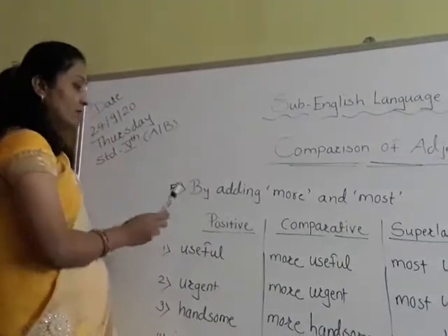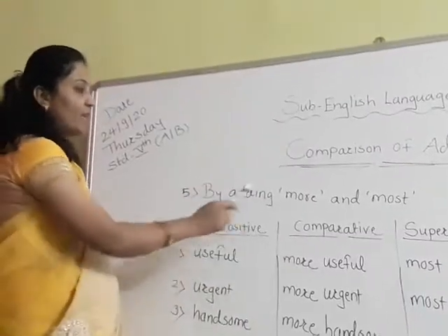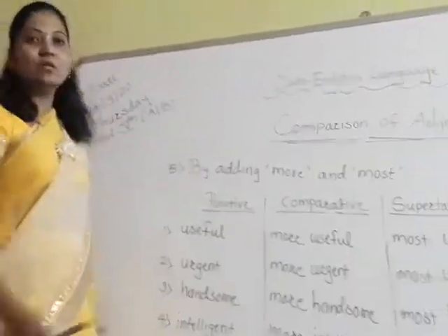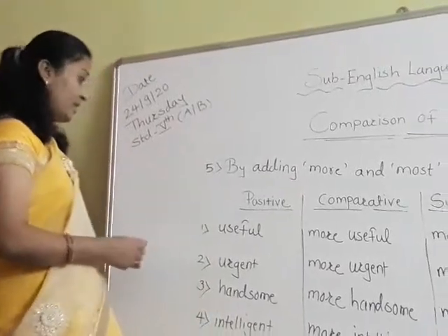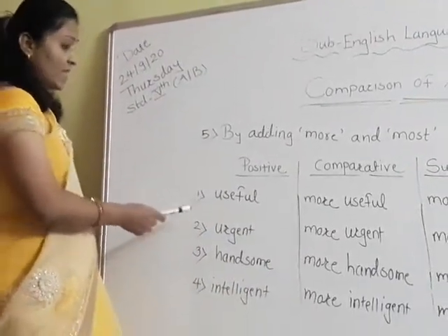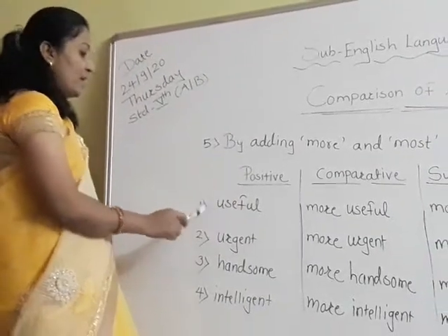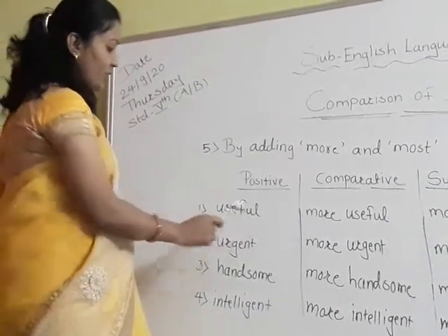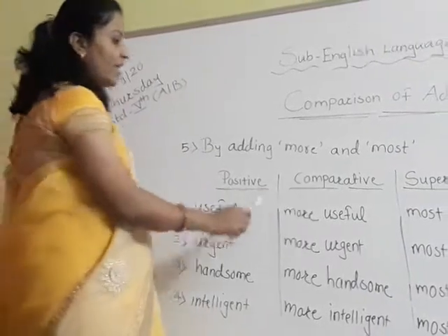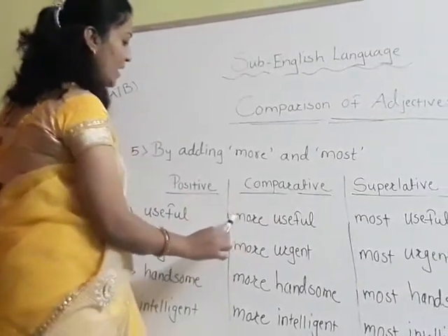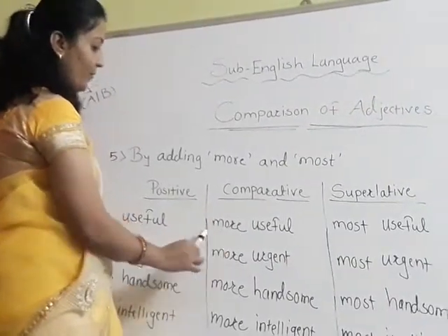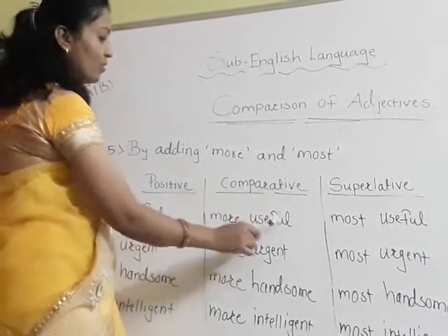We can form comparative and superlative by adding more and most to the words. Now see, you can see here I have written some words in positive degree. The first word is useful. In comparative I have added more, and it becomes more useful.